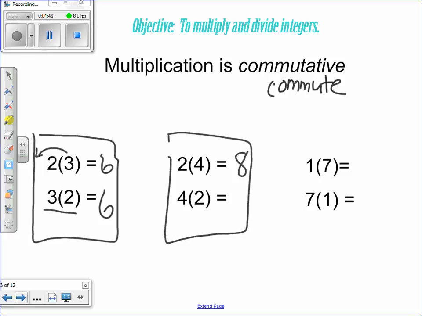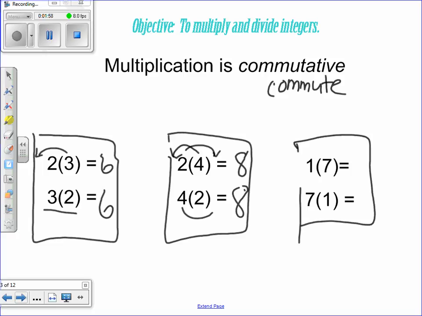If the 2 commutes to the other side of the 4, or the 4 commutes to the other side of the 2, we still get 8. It doesn't change the answer. Last problem. 1 times 7 is 7. If the 1 commutes to the other side of the 7, we still get 7. So that's why the commutative property works for multiplication.